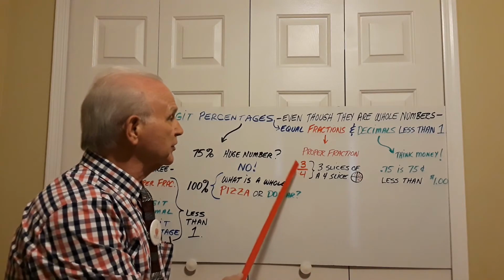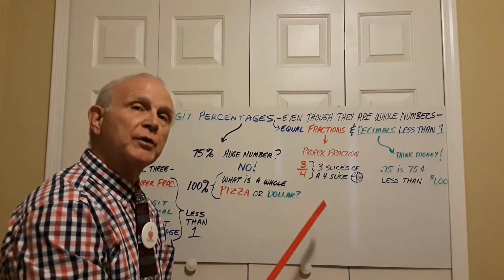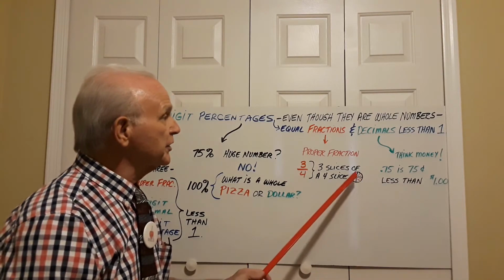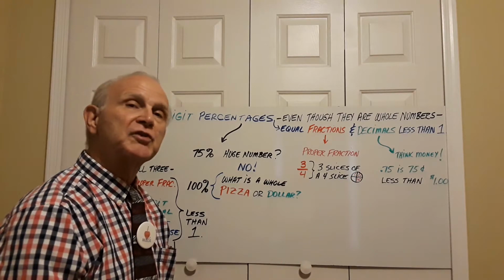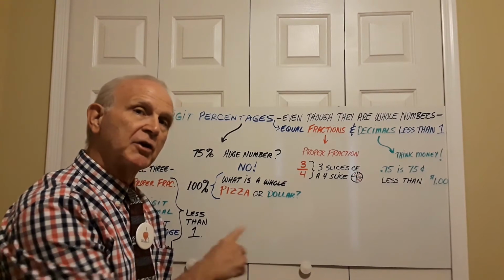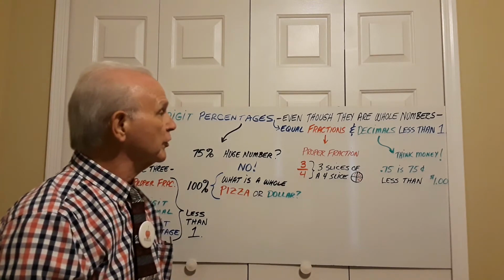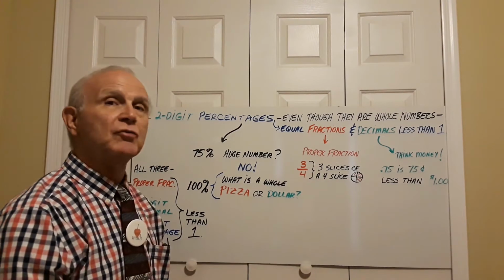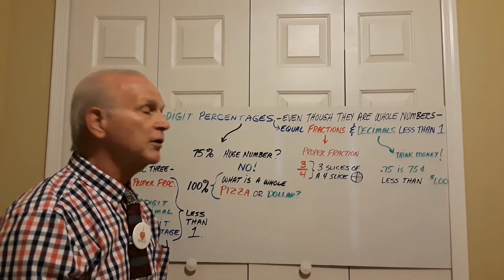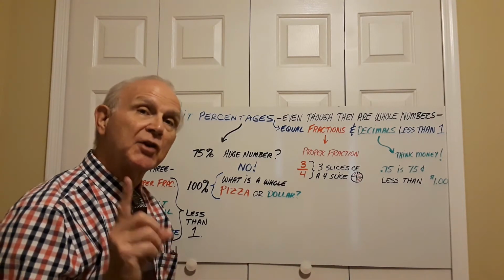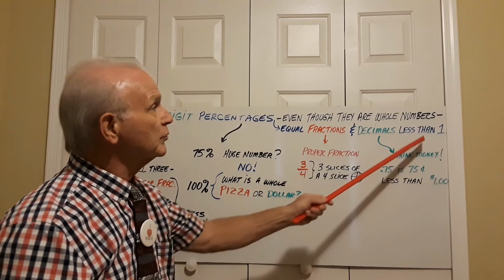And that's what this is. 3/4 is actually 3 slices of a 4-slice pizza. 1 slice gone, Mr. Newber delivered it, and that's what happens when you ask me to deliver your pizza. 3/4. You do not have a whole pizza in that box. That means it's less than 1, which is what we said here.